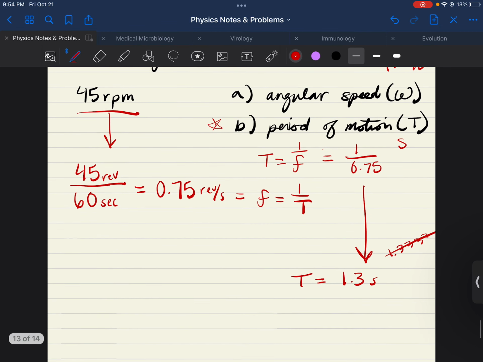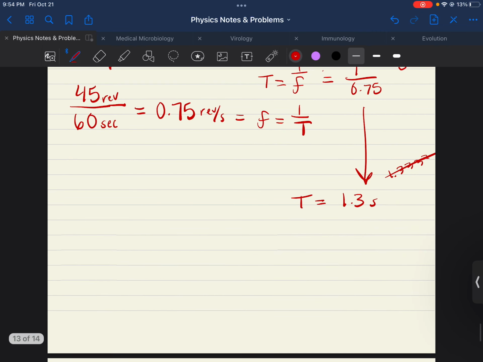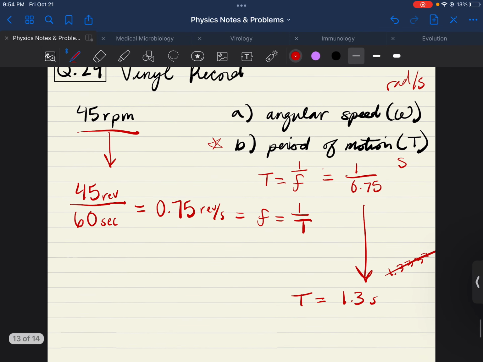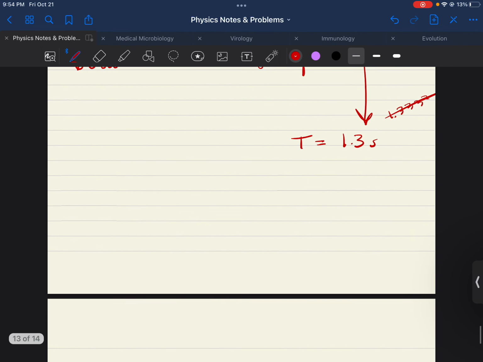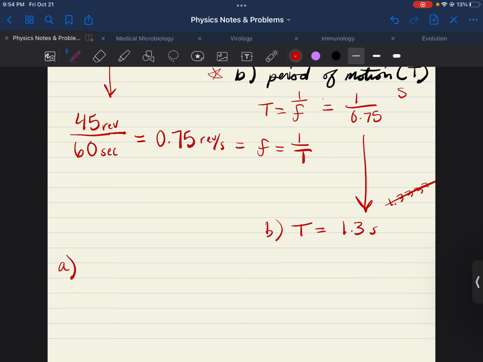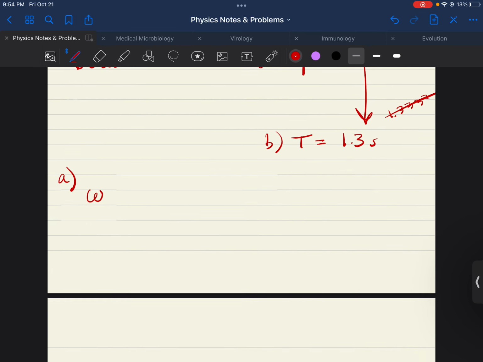We did that by finding the frequency, by converting rotations per minute to rotations per second, and then finding the inverse of our frequency, which is our period. Cool. So now that we found the period, we can very easily find the angular speed. The angular speed is just the magnitude of our angular velocity, so omega.